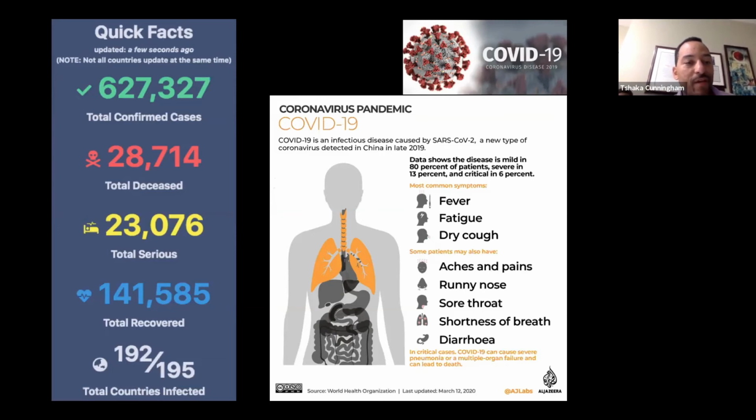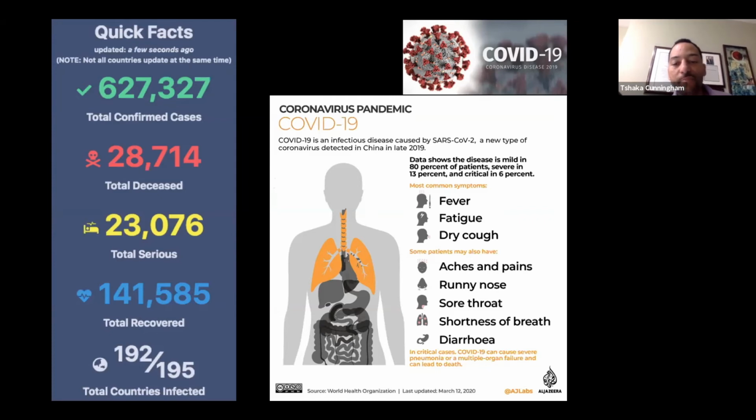As of yesterday, we have 627,000 people that have been infected, and 28,000 people have died from this disease. And in almost every country on the face of the earth, 192 out of 195 countries, have reported at least one case of this virus, right?